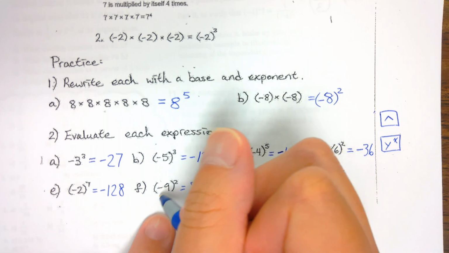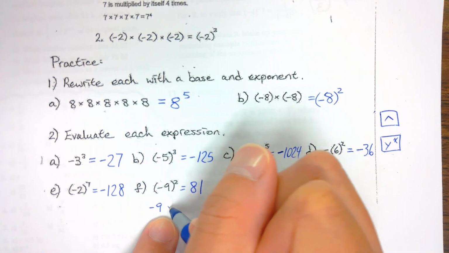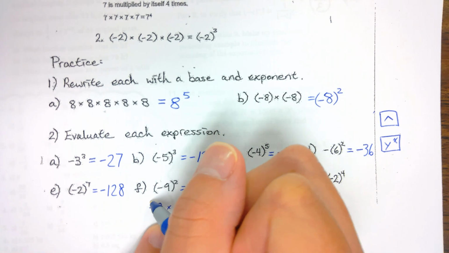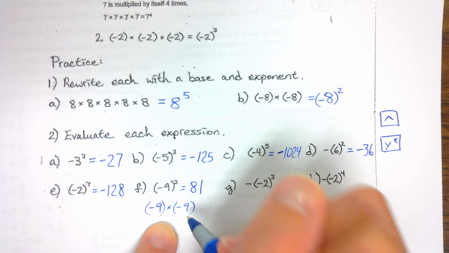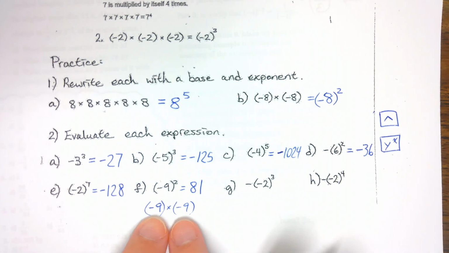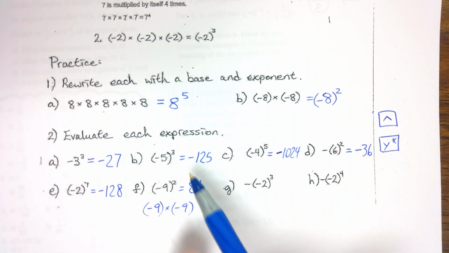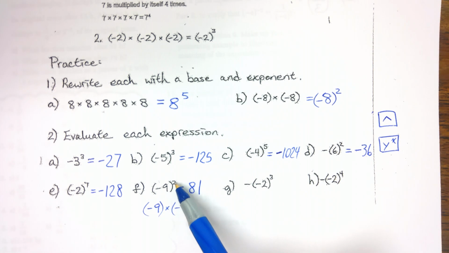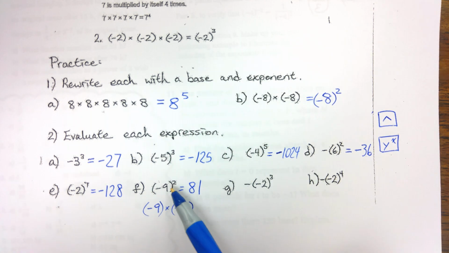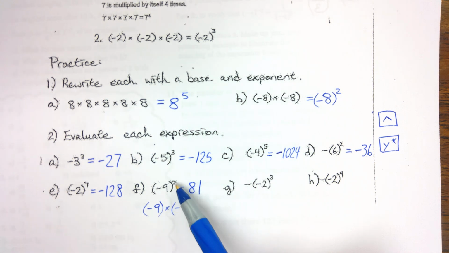If you write it out, it means negative 9 times negative 9. Two negatives will make a positive. For F, because the exponent is even, for even exponents every 2 negatives make a positive. That's why if the exponent is an even number, you're going to get a positive.